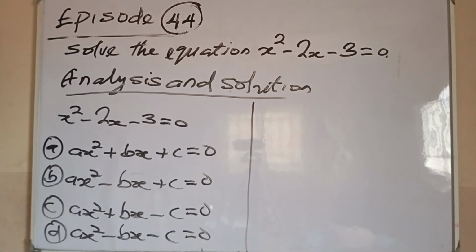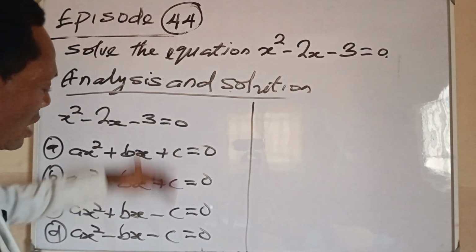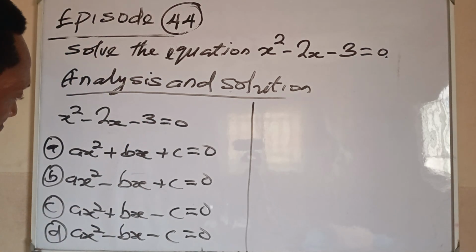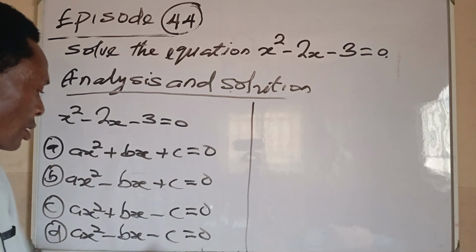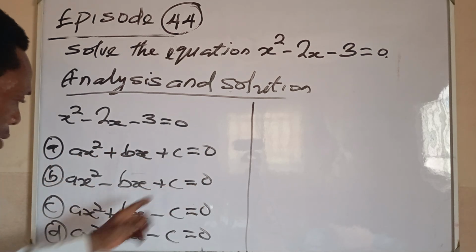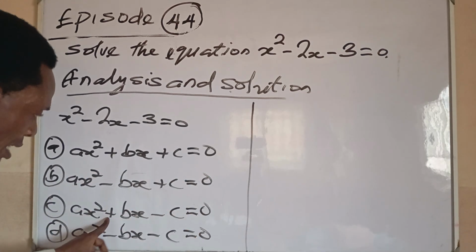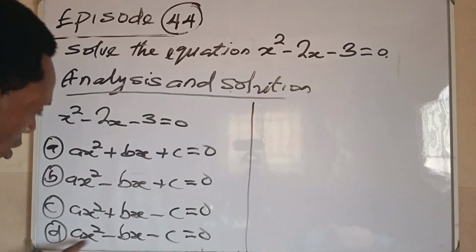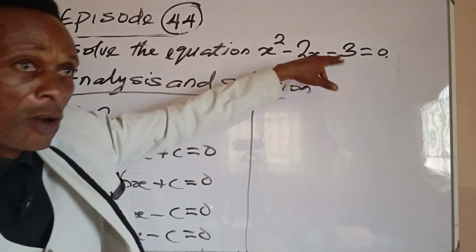These are the four quadratic formats. Every quadratic equation comes in one of these four formats: positive throughout, or negative then positive, or positive then negative, or negative and negative. When you look at this question, you discover that it's negative, negative.